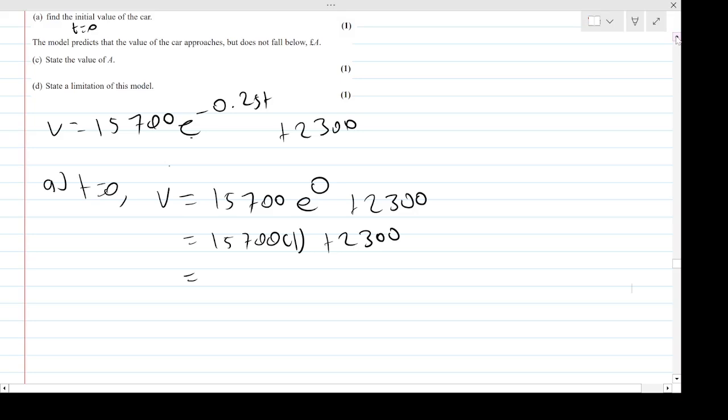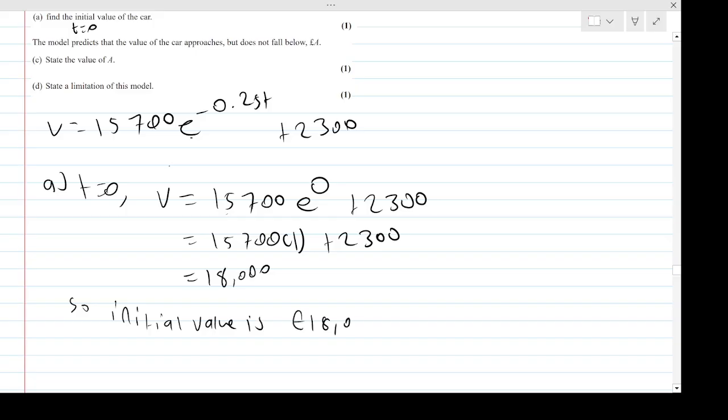If we work that out, I get 18,000. So initial value in pounds is £18,000.